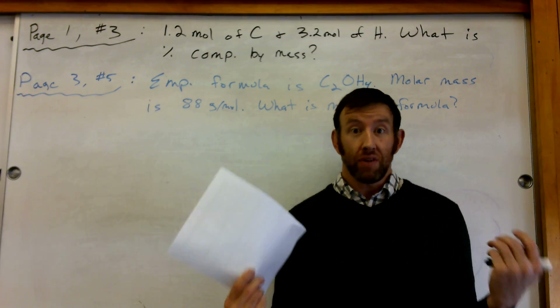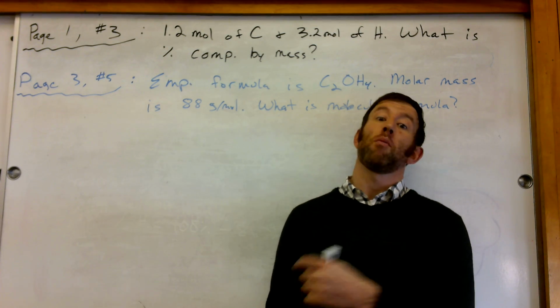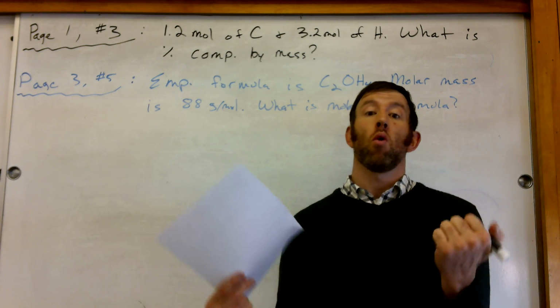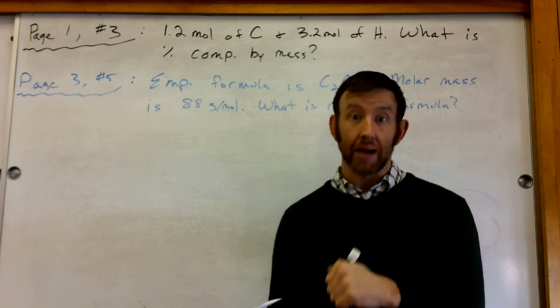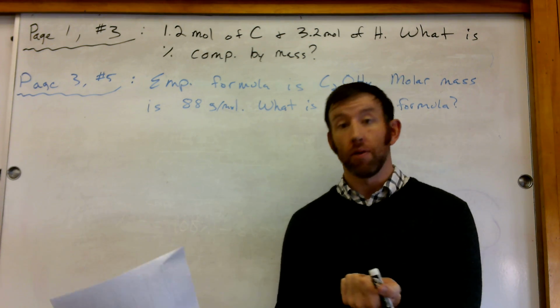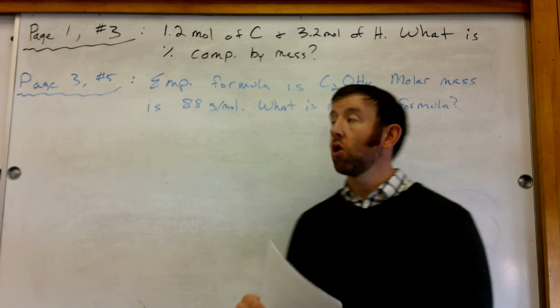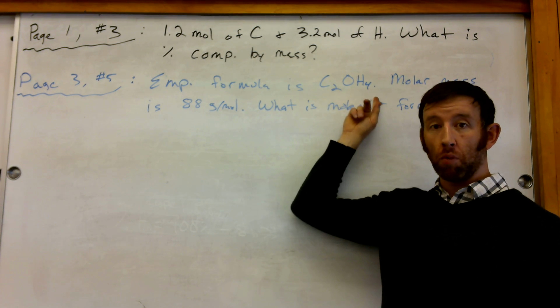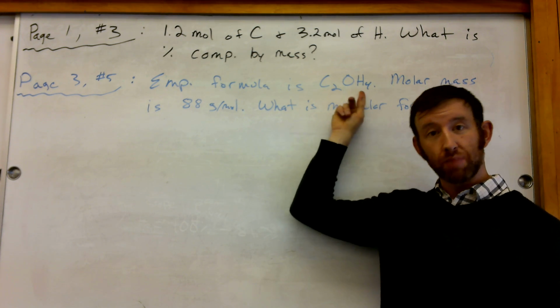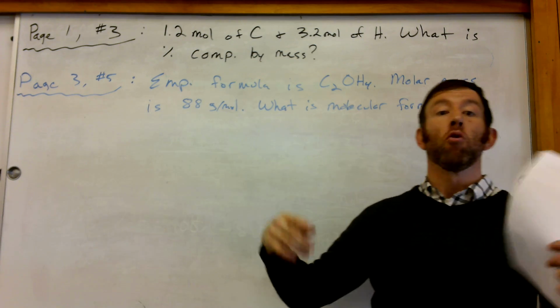And the way we can figure out our molecular formula from our empirical formula is if we know the molar mass or molecular mass of the molecule, okay? So I know that this is my empirical formula, which may or may not be the same as my molecular formula, all right? There's one way to find out.